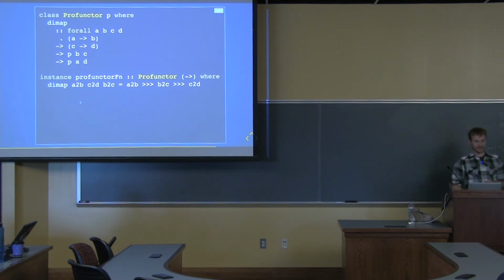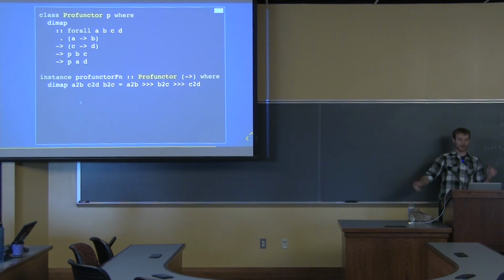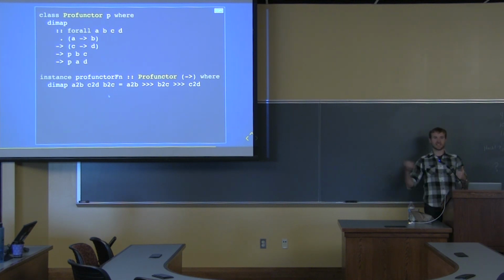And if you look at the definition of DIMAP for function, it literally just produces a big chain of composition, where you originally have your function B to C, right? And so when you DIMAP it, you take some A to B and some C to D, and you just chain that together.